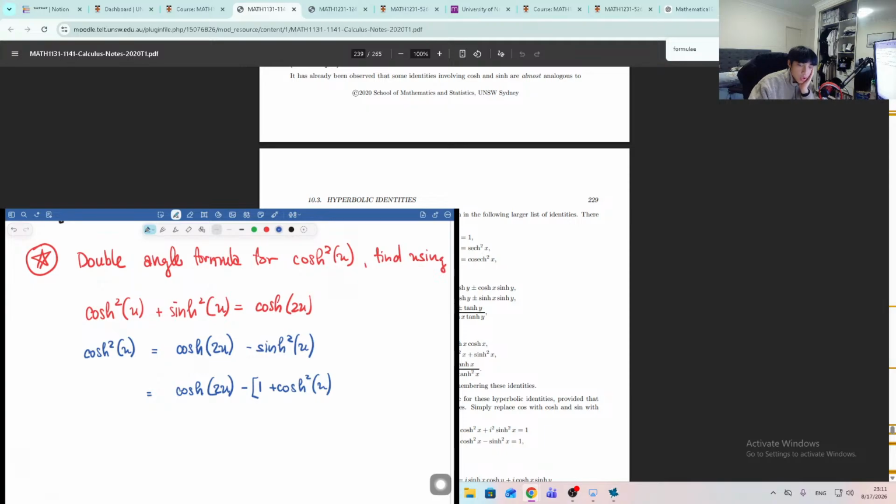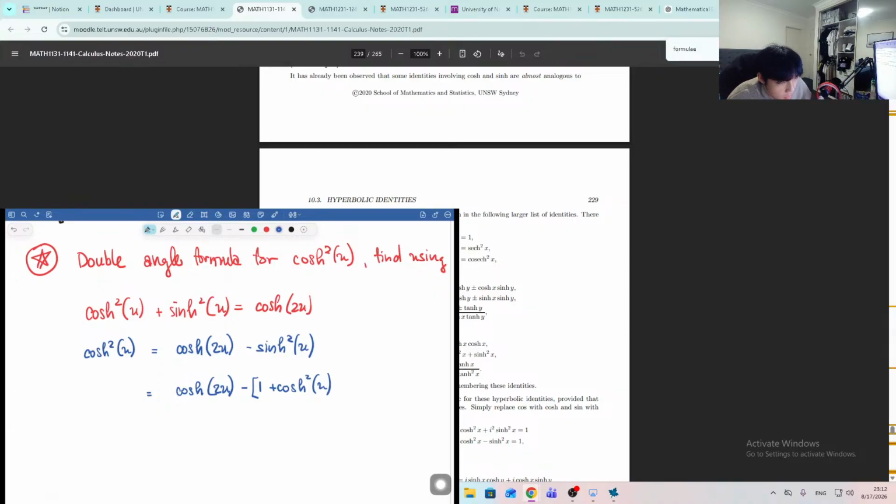Cosh squared x is equal to cosh 2x minus sine squared x. How do we derive that? No, not about deriving.